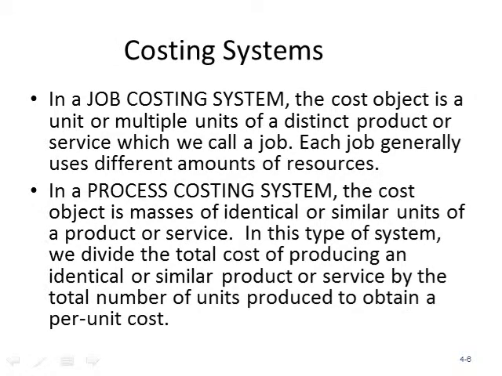And so in cost accounting, we use 2 different types of costing systems, job costing and process costing. In a job costing system, the cost objective is a unit or multiple units of a distinct product or service, which we call a job. Each job generally uses different amounts of resources. Think of a job cost system as I manufacture yachts.